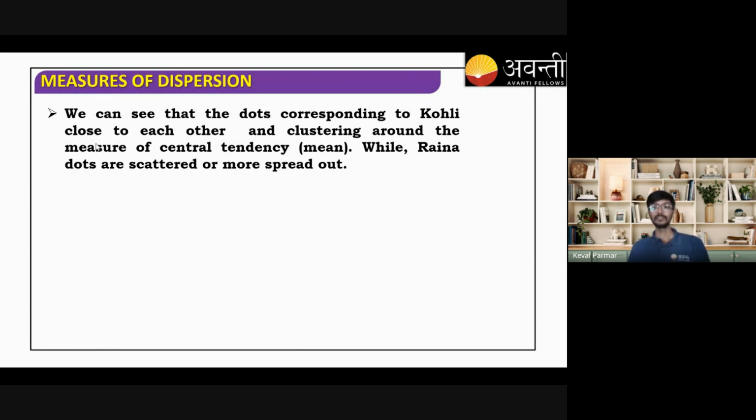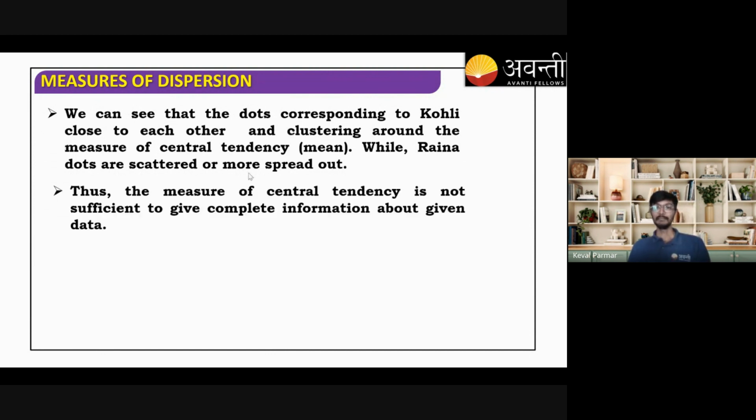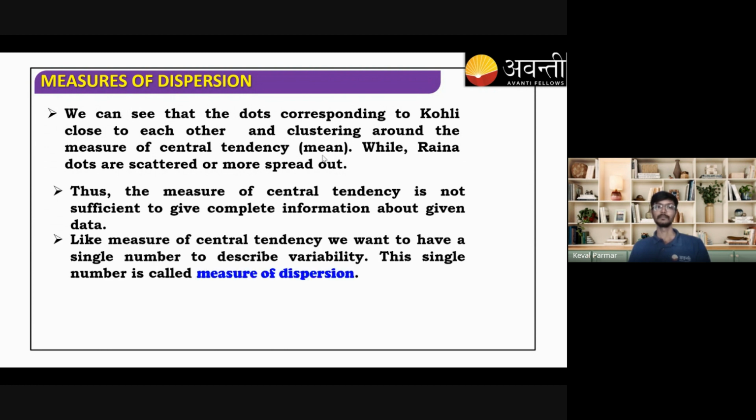While Raina's dots are scattered out or more spread out. So we can see that measures of central tendency are not sufficient to give the complete information of the data. So that's why we have to study measures of dispersion.